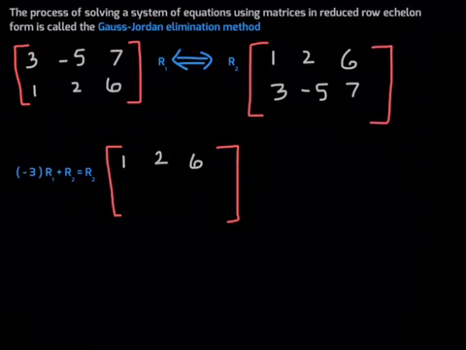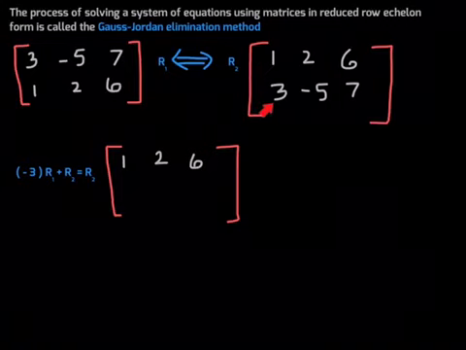All right, so here we go. See if you can follow me here. I'm going to multiply every entry in row 1 by -3 and then add it to its corresponding entry in row 2. 1 times -3 is -3, and -3 plus 3 is 0.